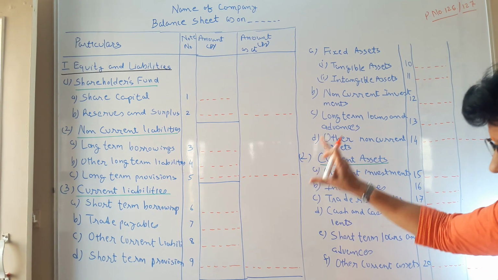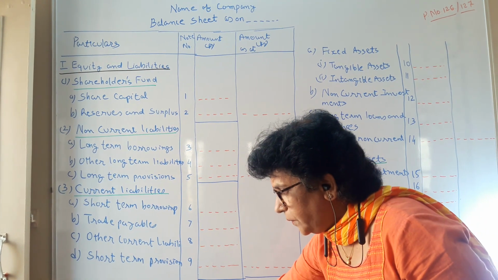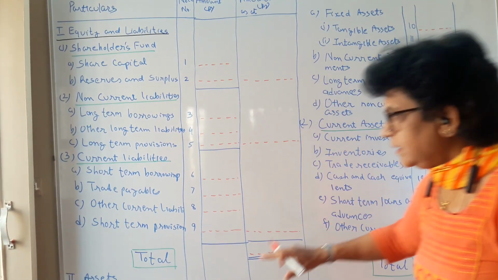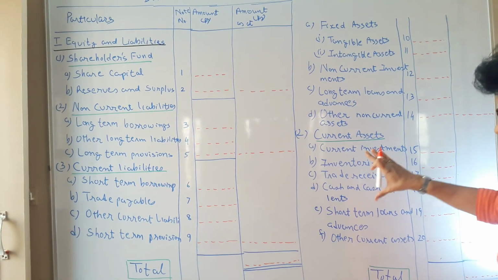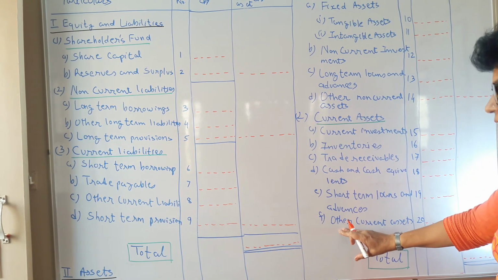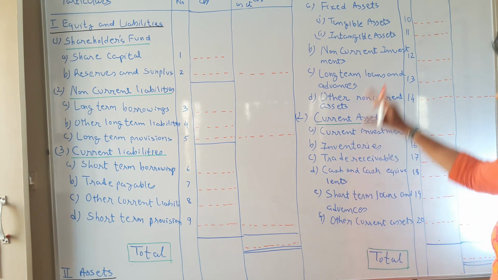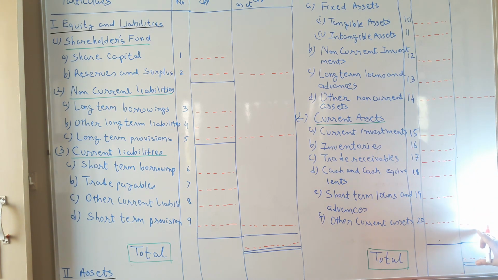So in this manner the asset section has 2 points. One is the non-current asset, subpoints are 4, and then the current asset, again subpoints are 5. In this manner the asset section total is also to be put in the outer column and the final total is to be done for the statement.